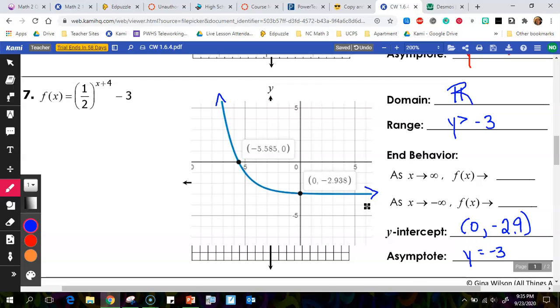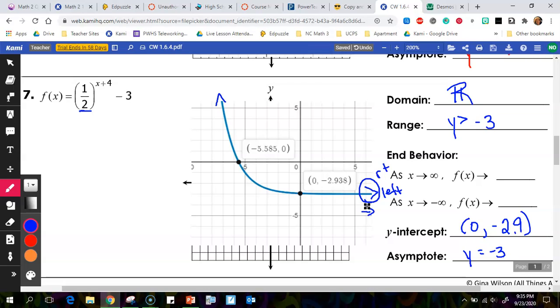Okay, and then we need to do the end behavior. That's probably the hardest part. This is the right side. This is the left side. So on the right, as x approaches infinity, now this one is, because this is less than 1, this is decay, so it's decreasing. So as x approaches infinity, this one's pointing to the right, but it is not pointing down.